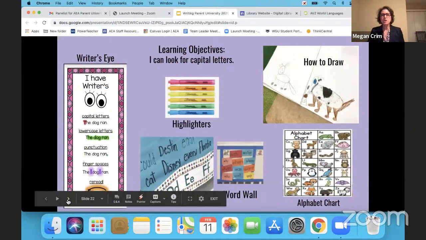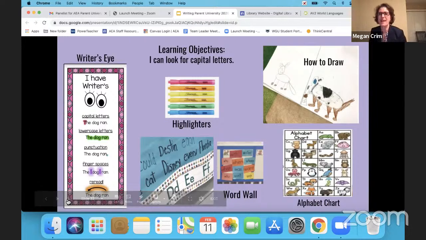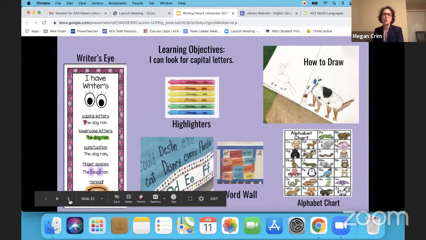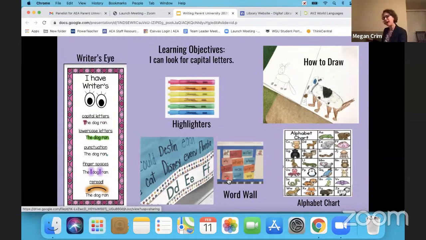Okay. So I mentioned a few things that support the writing. A word wall. So in the classroom, a word wall would look like this, where I have different words that they can take off the magnetic board and take back to their seat to use.